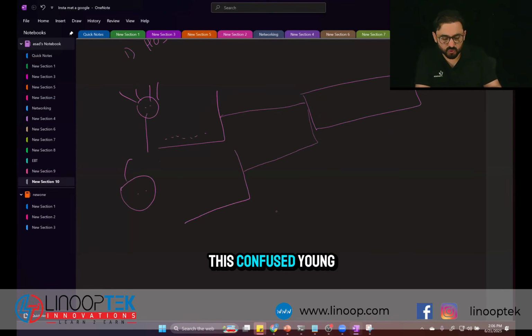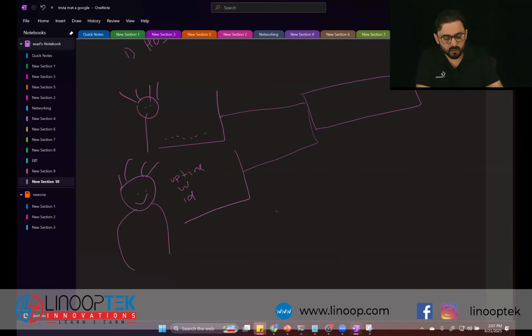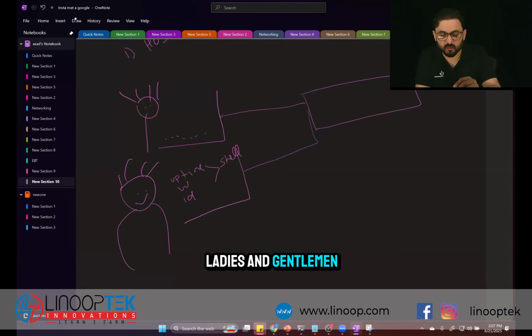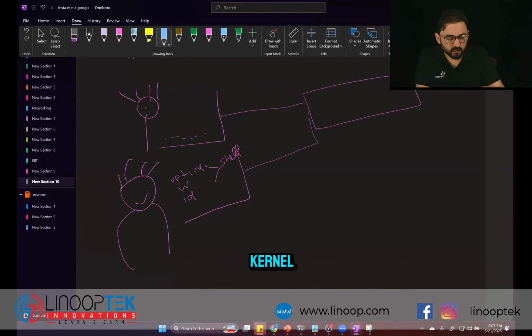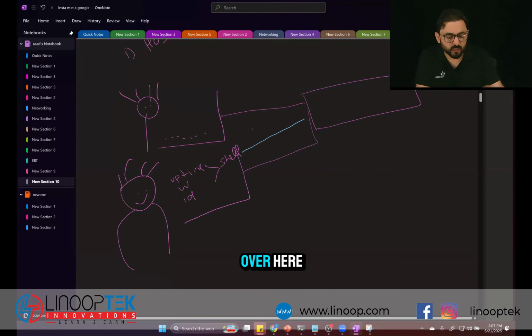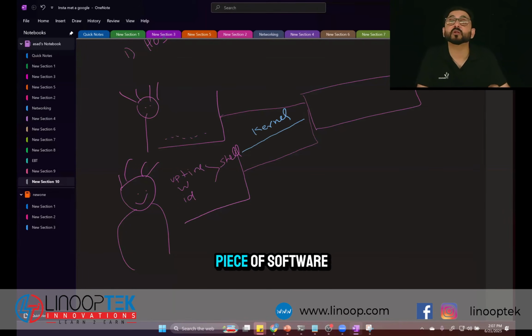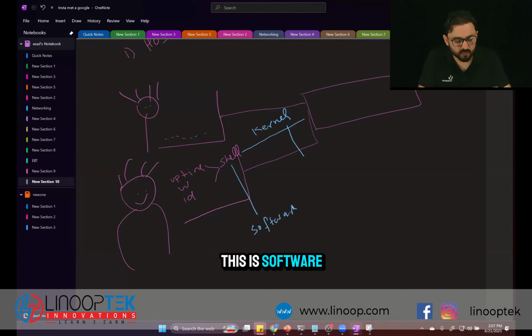Now, this confused young man or woman, a healthy one, is sitting and typing commands like uptime, like w, like id. Where are these commands being typed? They are being typed into a shell. Now, the shell, ladies and gentlemen, goes to the kernel. Kernel is right over here. Kernel is a piece of software. This is software.